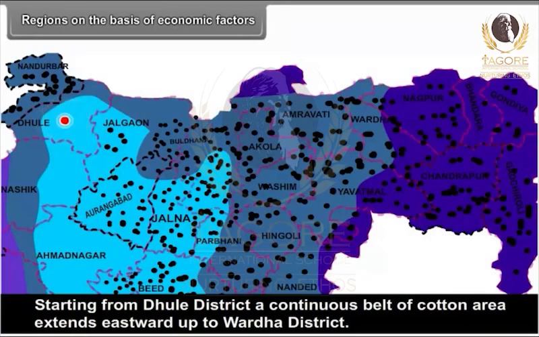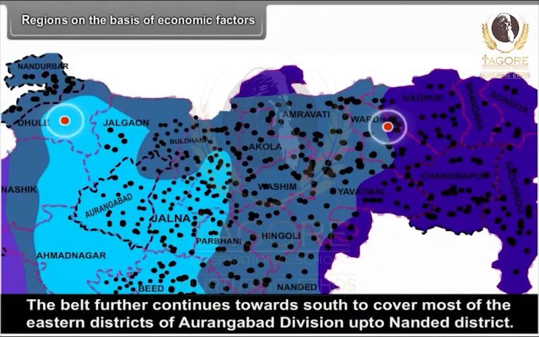Starting from Dhule district, a continuous belt of cotton area extends eastward up to the Wardha district. The belt further continues towards south to cover most of the eastern districts of Aurangabad division up to Nanded district.